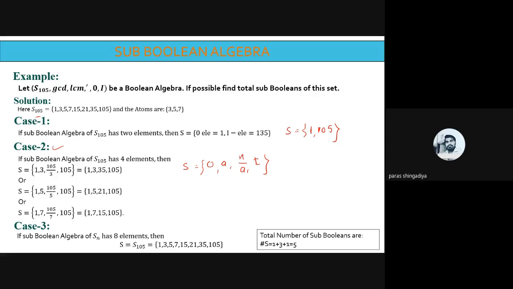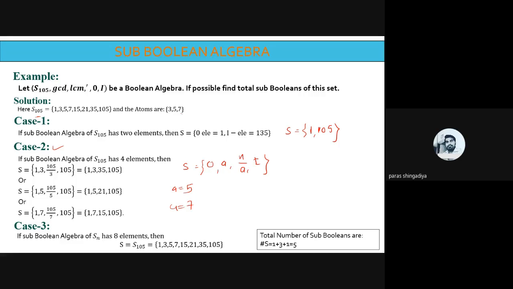Then for the second one, use the second atom, a equal to 5. The formation will become 1 comma 5, then 105 by 5 comma 105. Simplifying, we get 1, 5, 21, and 105. And then for the third one, use the next atom, a equal to 7 in this formula.